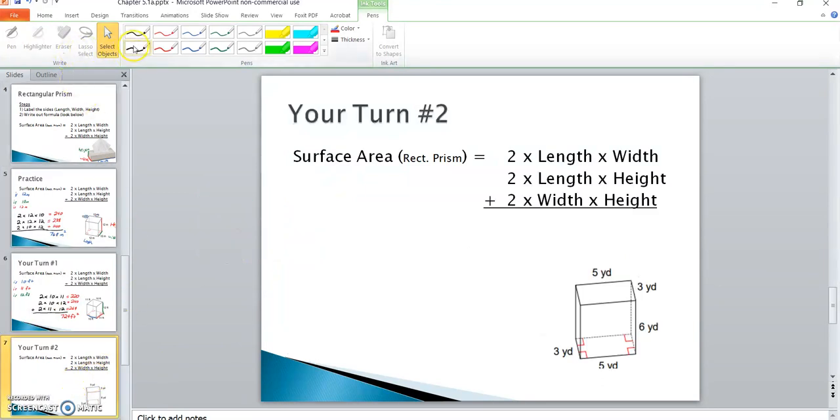Alright, so let's do this last problem here, and I would like you to try it on your own. So start off by labeling the sides, and then writing in your formula and adding them all up. Go ahead and do so.